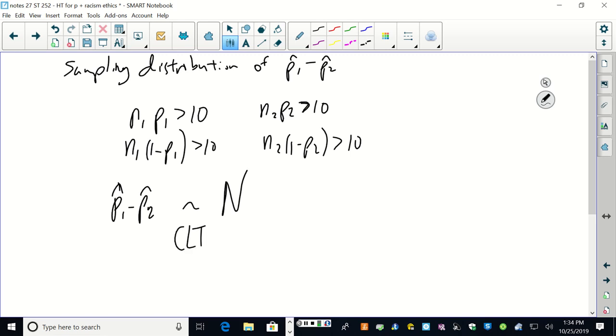That's a central limit theorem application, because the sample proportion is like an average. And averages in moderate-sized samples are kind of normally distributed in their likely outcomes.